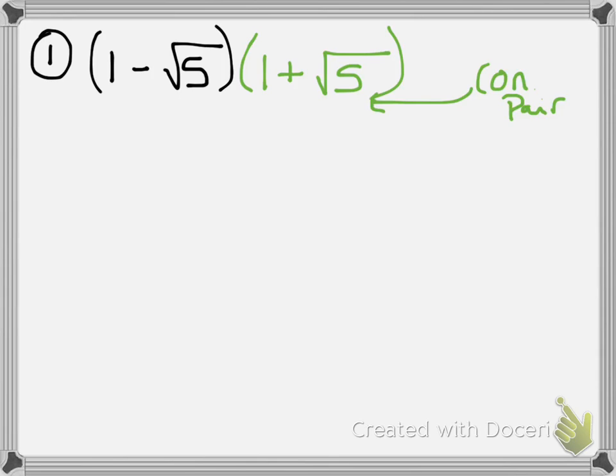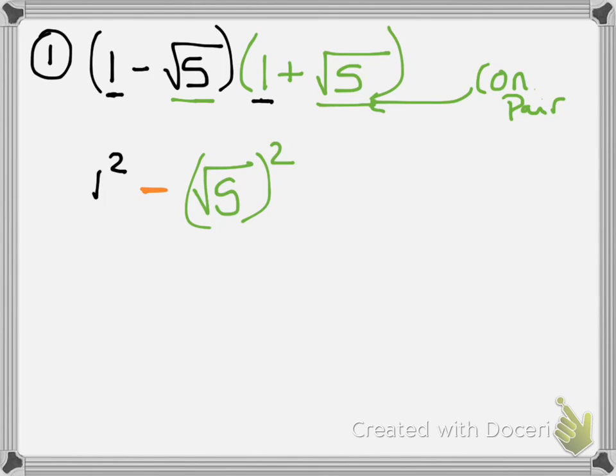And so the product is going to be the first term squared minus, always minus, the last term squared. So 1 squared is 1.